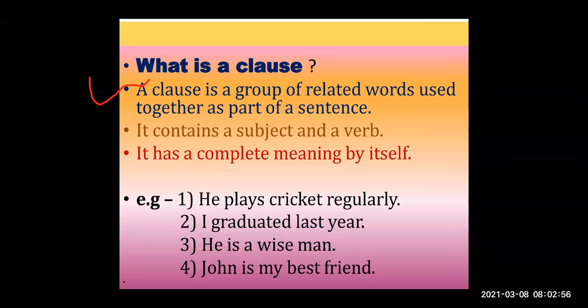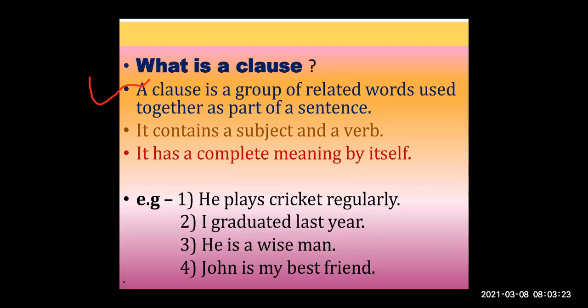The second point is it contains a subject and a verb. It has a complete meaning by itself. Which 3 points have we seen in a clause? A clause is a group of related words used together as part of a sentence. It contains a subject and a verb, and it has a complete meaning by itself.